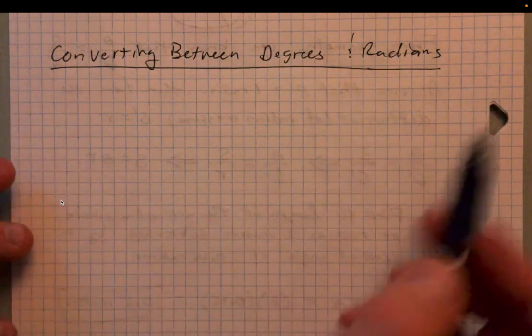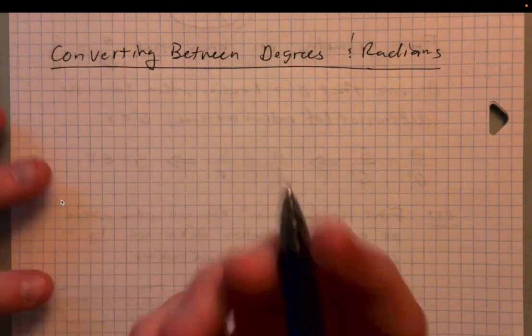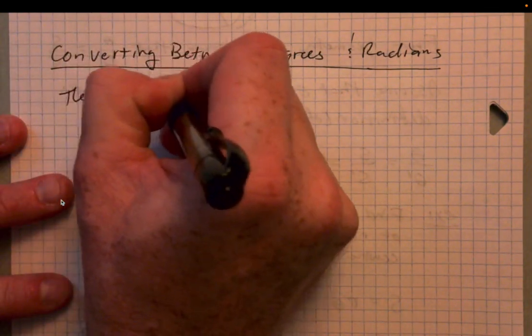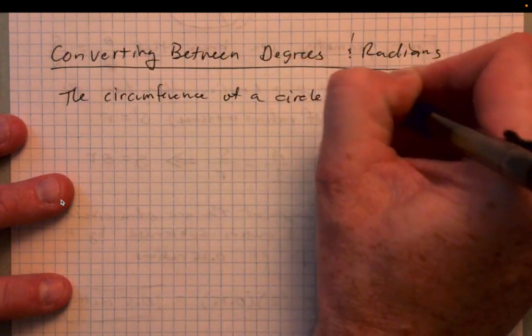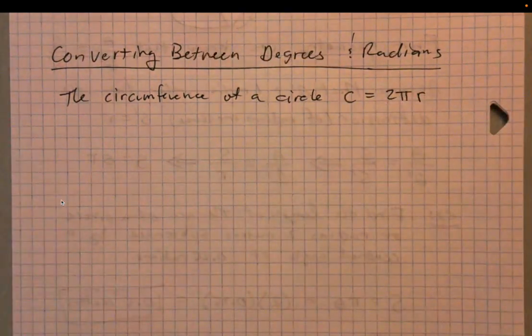And so the way we usually set this up is we start with what we know. We know that the circumference of a circle is equal to 2 times pi times the radius. This is a formula you've probably seen in algebra class.